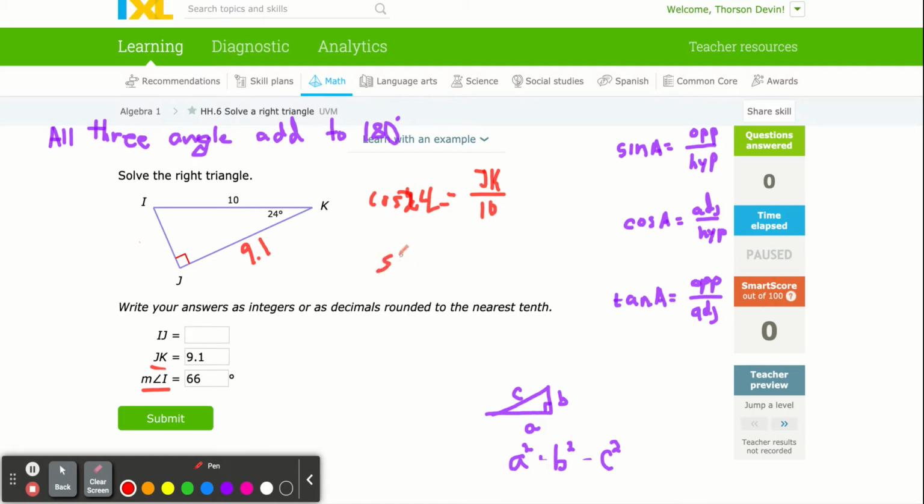I could do the sine of 24 degrees is equal to the opposite side, which by the way is this here, the IJ, divided by the hypotenuse, which is 10. So now I'm going to take the sine of 24 times 10 and find out that my shortest side there is 4.1 if I round to the nearest tenth. But again, I could have done Pythagorean's theorem.